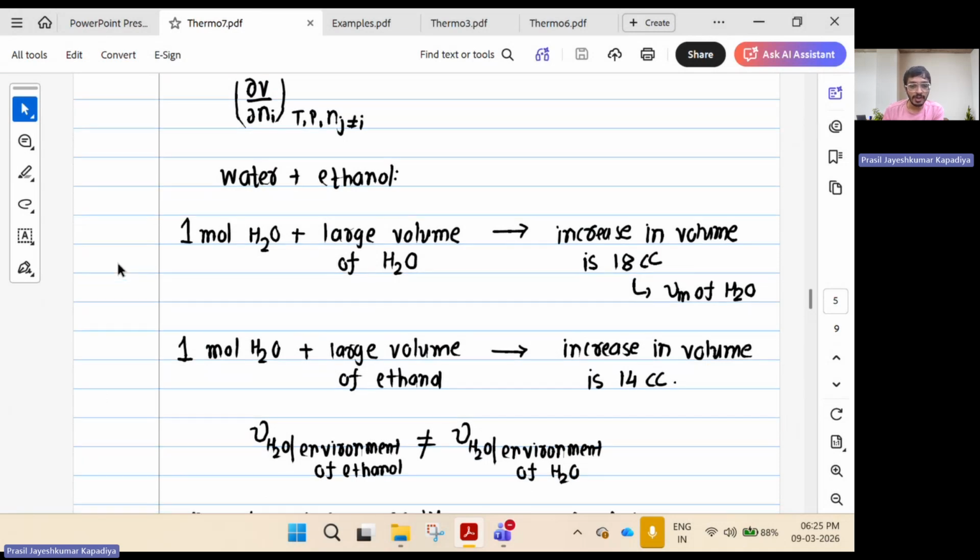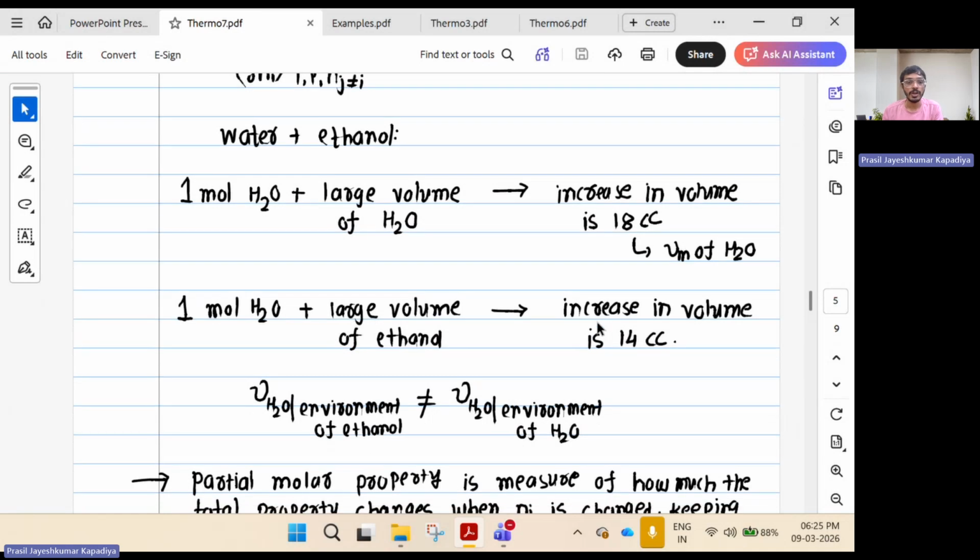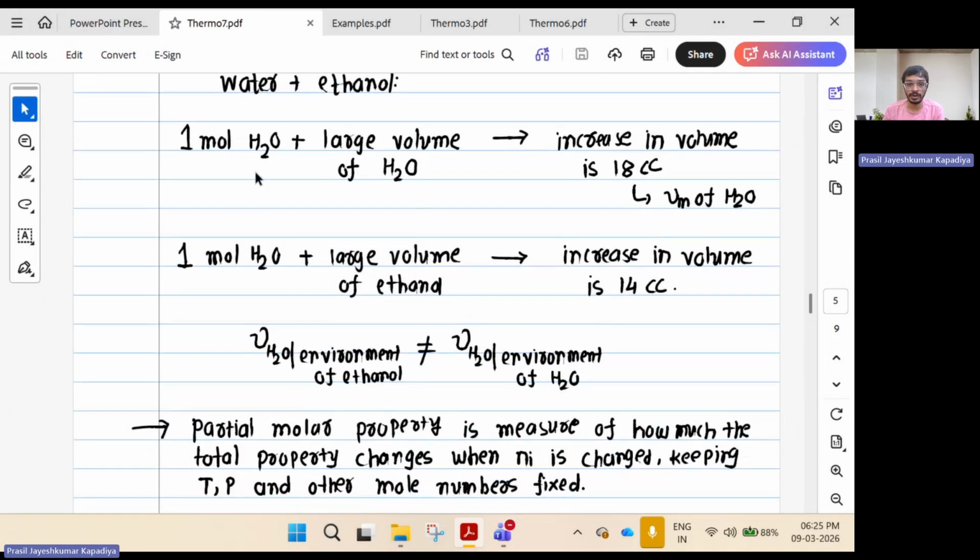So what we are seeing here is that when I am adding 1 mole of water in a large environment of ethanol, the molar volume is not similar to when I am adding water in a large environment of water. Here my volume change was 18 cubic centimeters, and here it was 14 cubic centimeters. The component we are adding is water only in both cases, but the volume change is not the same.